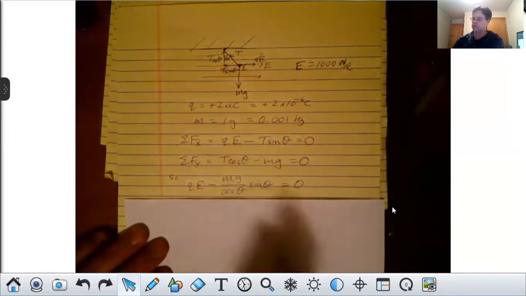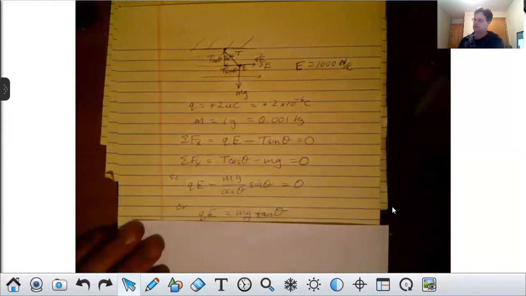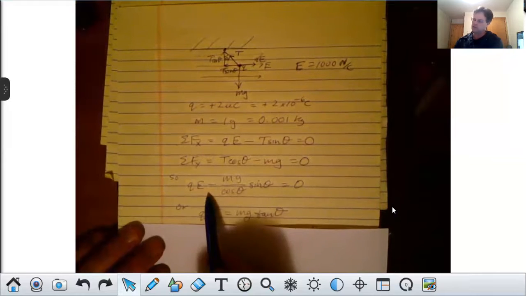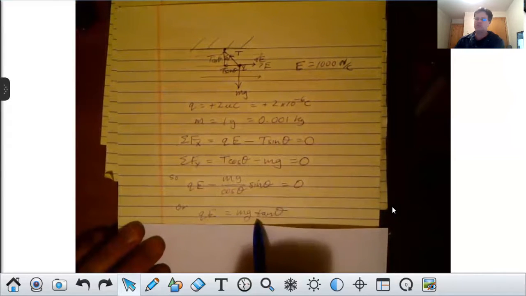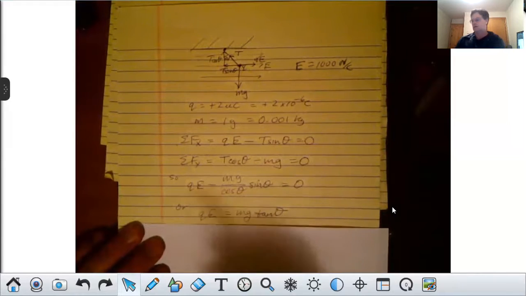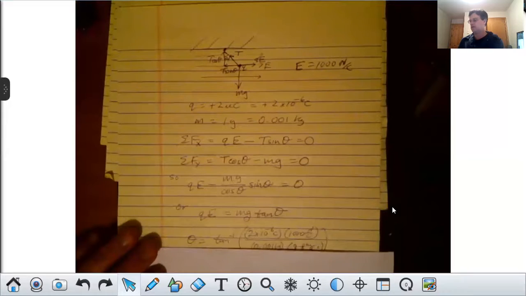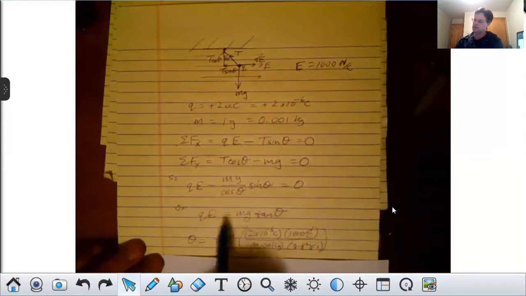Sine theta over cosine theta is tangent, so this is the same as QE equals mg tangent theta. Solving for the angle, theta is the inverse tangent of QE over mg.